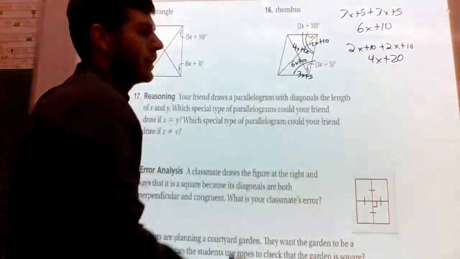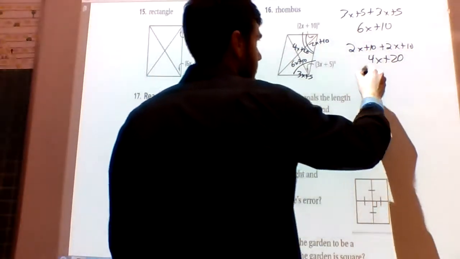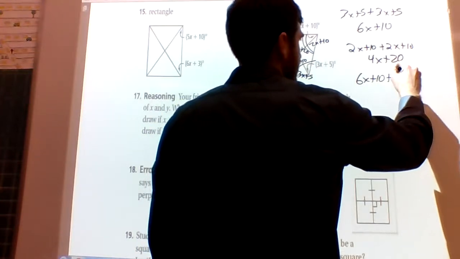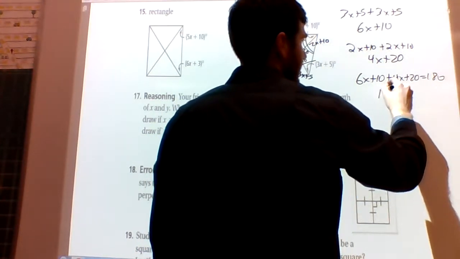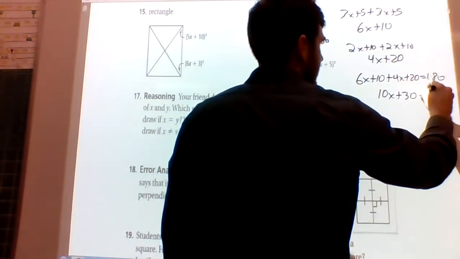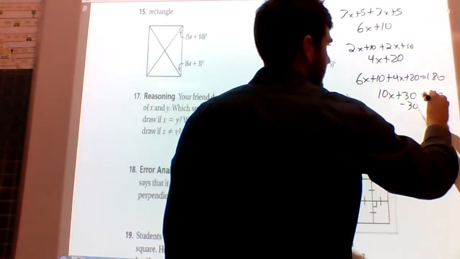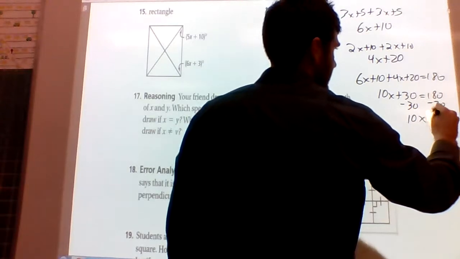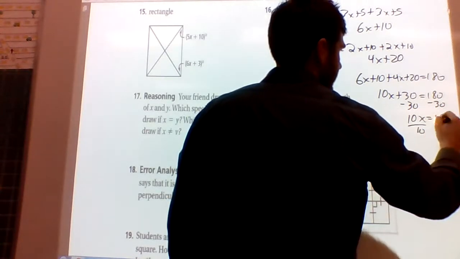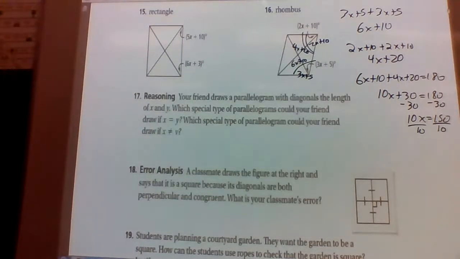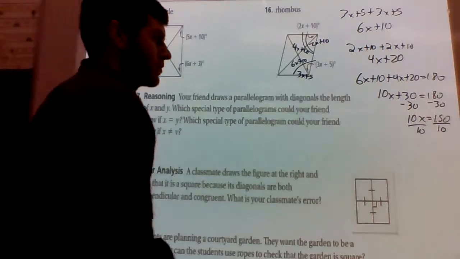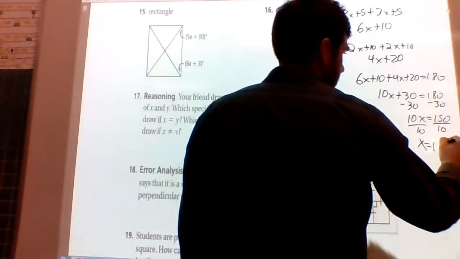Since we have consecutive angles that are supplementary, we know 6x plus 10 plus 4x plus 20 is going to be 180. So we have 10x plus 30 equals 180. Subtract 30. 10x equals 150. Divide by 10. Okay, x is going to be 15.